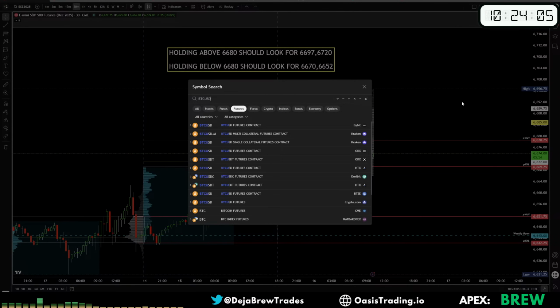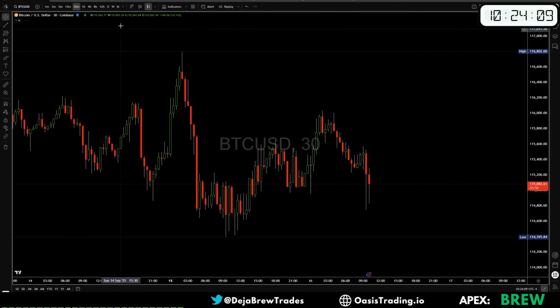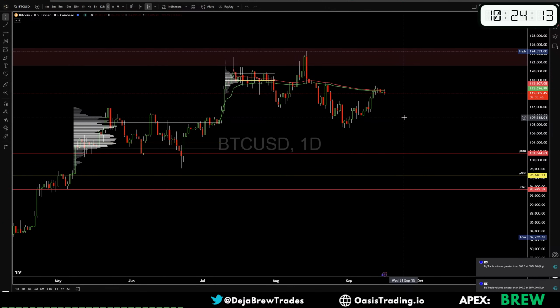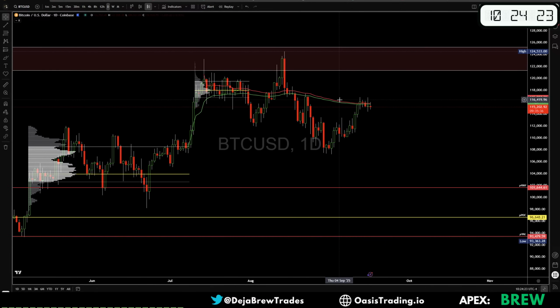We can update our levels. Let's see what's going on. Yeah, no real change on Bitcoin. It failed our sell zone. So we had a sell zone at 121 to 125. Damn near topped it right there. Now we're kind of hovering around these anchored VWAPs from this distribution.